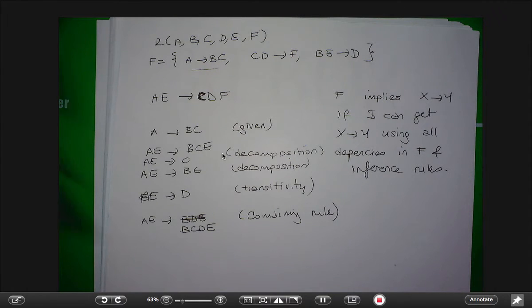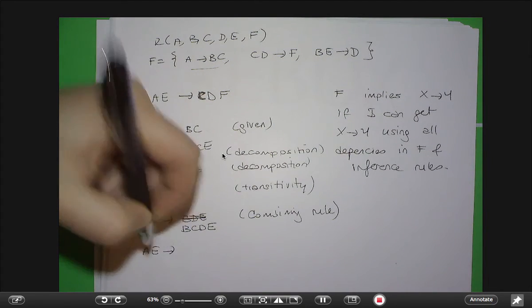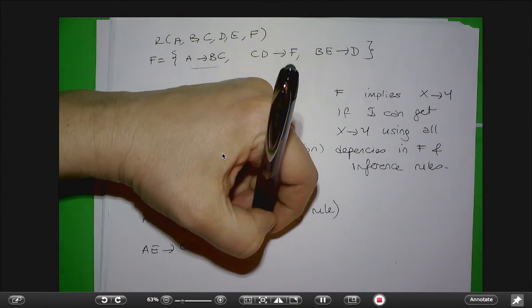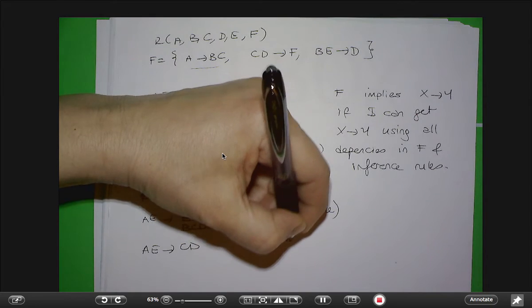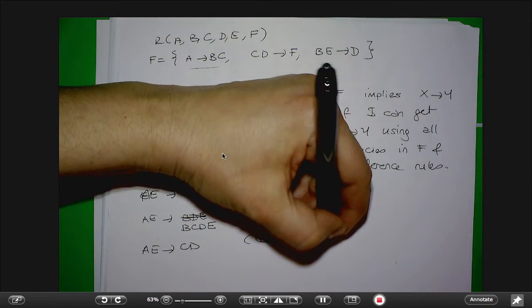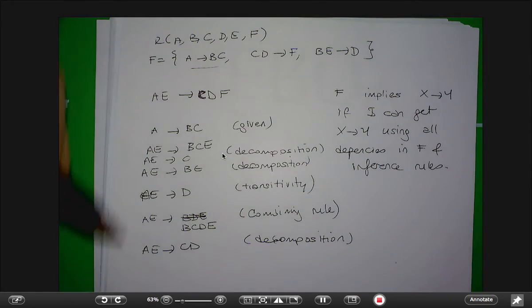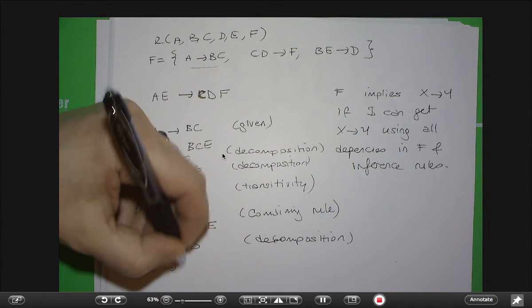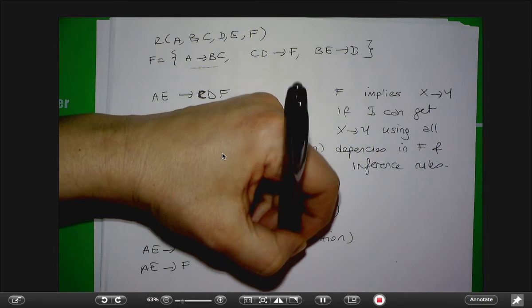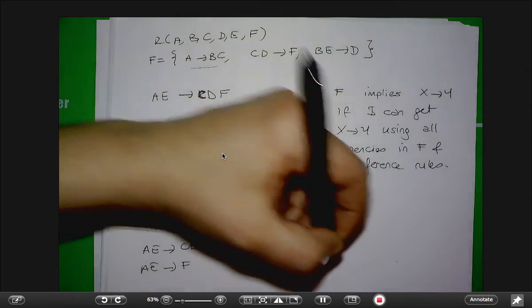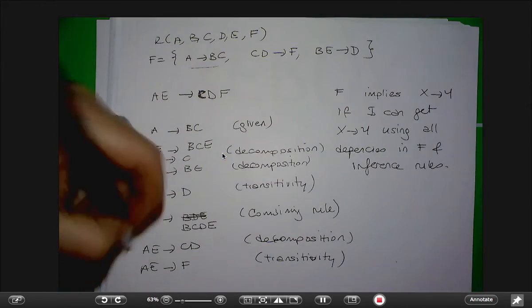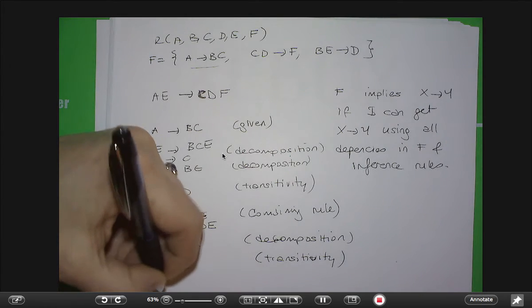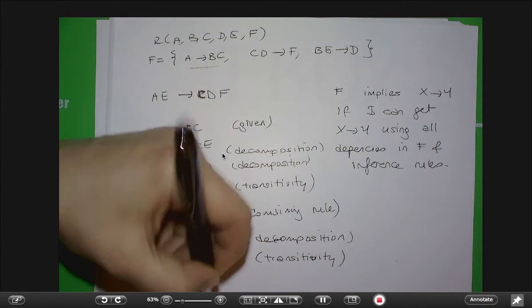So I can again do AE implies C and D by decomposition. Then I have CD implies F, so AE implies F by transitivity. Then I can combine these two to get AE implies CD and F.